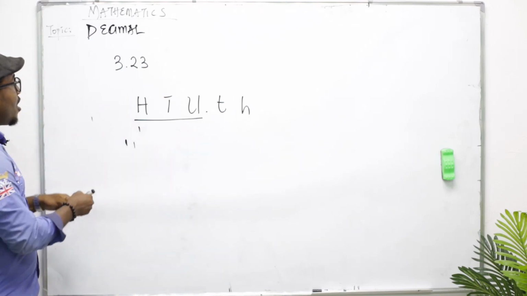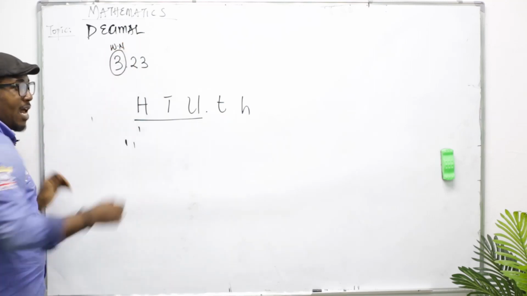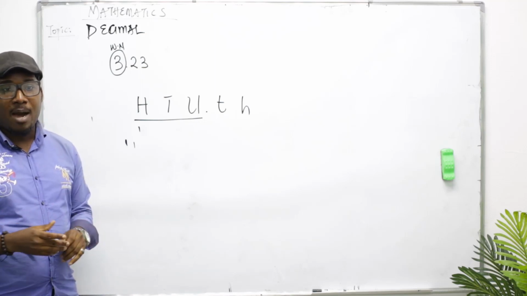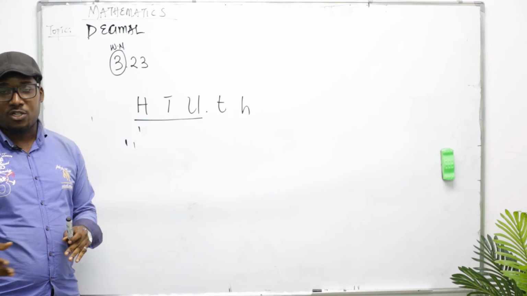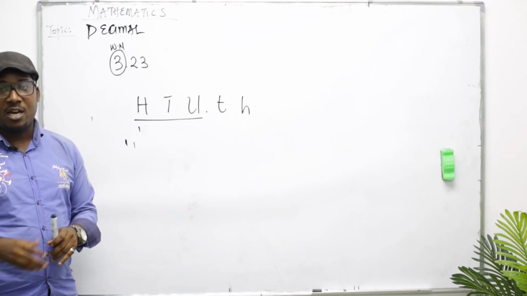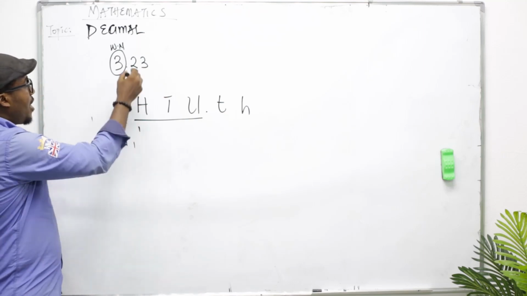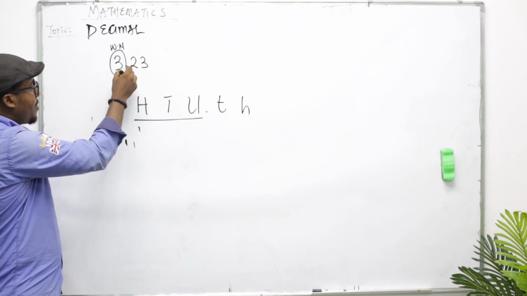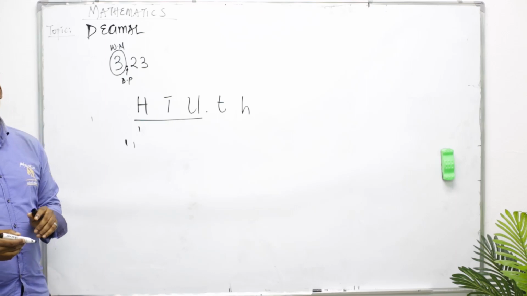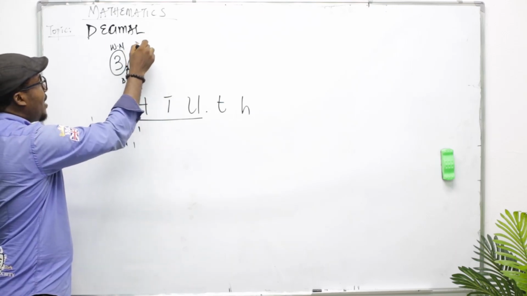Your 3 is what we refer to as your whole number, which I will represent as WN. Your whole number is full. It doesn't have any fractions. It is a full number. Meanwhile, anything that comes after your decimal point, let me call it your DP, is your decimal number.